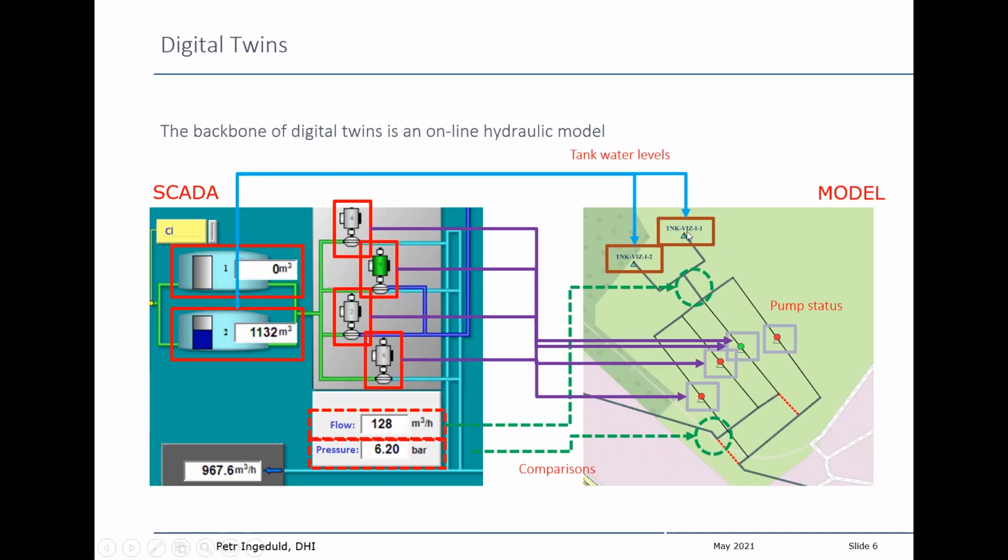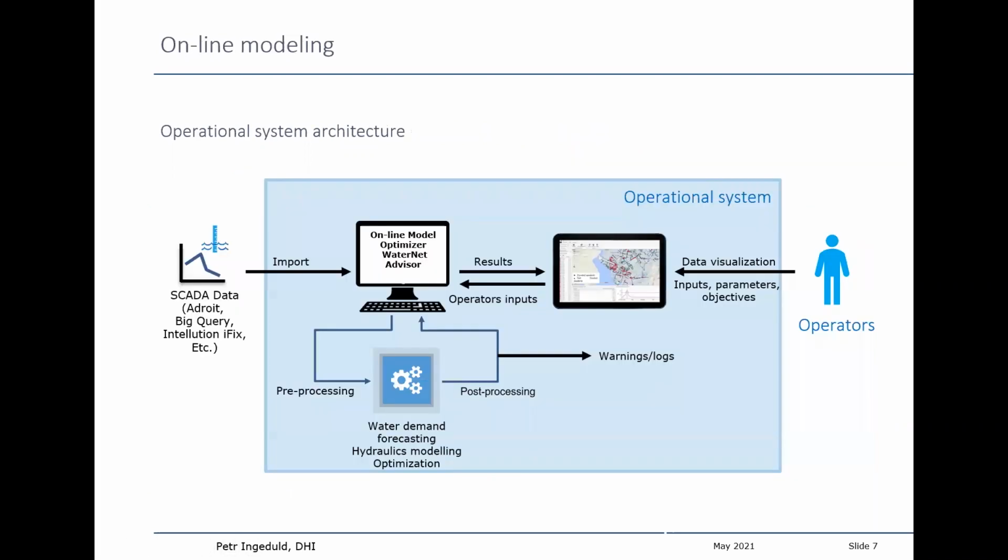For every storage tank, for every pump, for every valve in the hydraulic model, we will find the corresponding SCADA element, SCADA tag, and develop the mapping. The same goes for turnouts, for zone consumptions, or for the total network demands, things like that. Once we develop this mapping, the hydraulic model can start running automatically and periodically and be updated based on the telemetry.